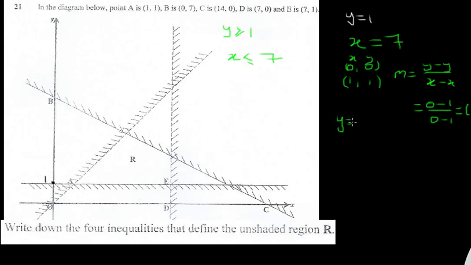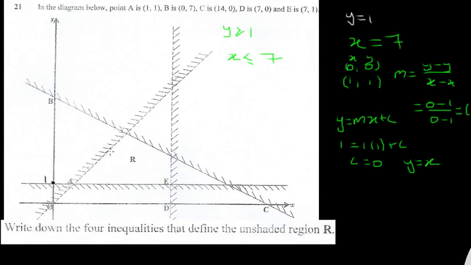And you know that the equation of a line is given by y equals mx plus c. And we know that when y equals 1, our gradient is 1, our x is 1, and our c is what we're looking for. We would have c equals 0. So we have the equation y equals x. But what are we interested in? Is it the greater than or the less than?